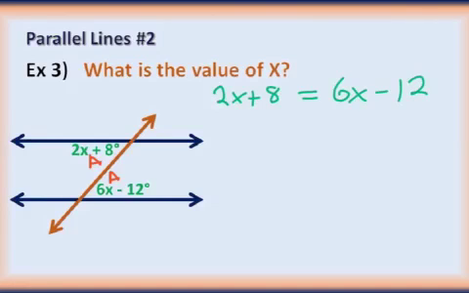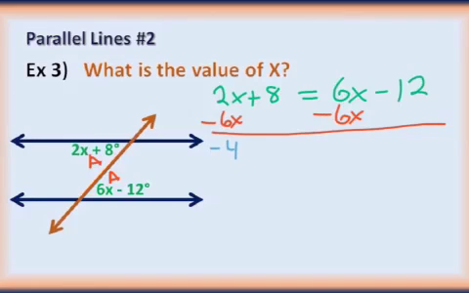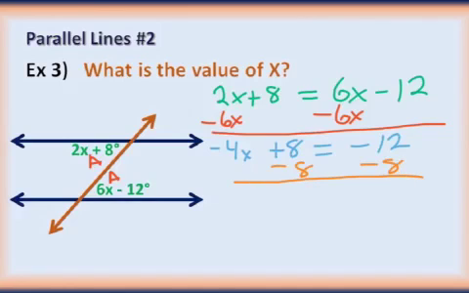Well, let's go ahead and solve this. Subtract our 6x from both sides. You're going to subtract our 8 from both sides now. That leaves us negative 4x is equal to negative 20.